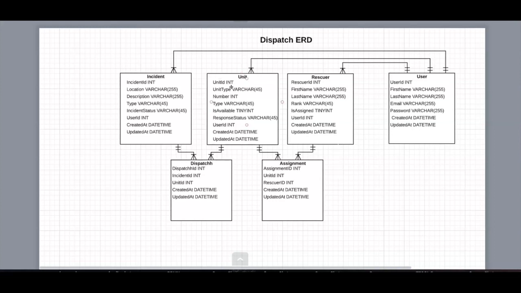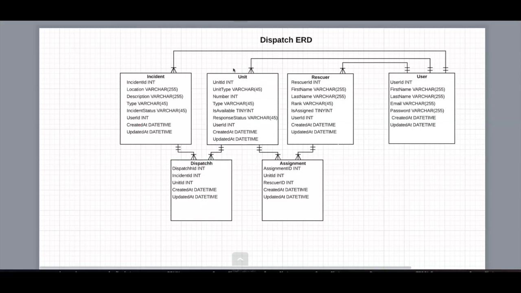You can't be in two places at once. Over a period of time, a given unit can be on multiple incidents. Over the course of a day, a fire engine may respond to 15 calls. So therefore, I have unit and incident as a many-to-many relationship, and the association is called a dispatch.